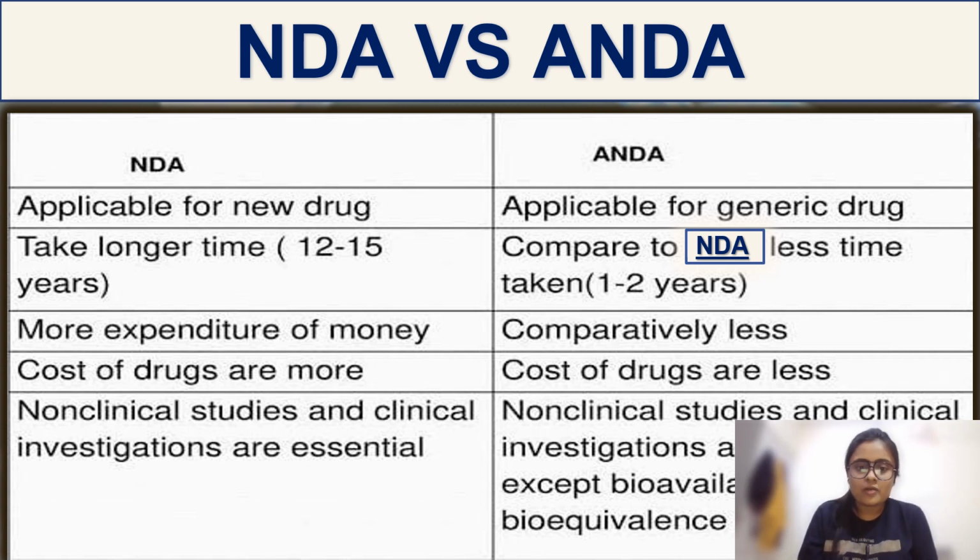More expenditure of money is required in NDA, whereas in ANDA it is comparatively less. The cost of drugs is more in NDA, whereas the cost of drugs is less in ANDA. Non-clinical studies and clinical investigations are essential in NDA, whereas in ANDA they are non-essential except bioavailability and bioequivalence.